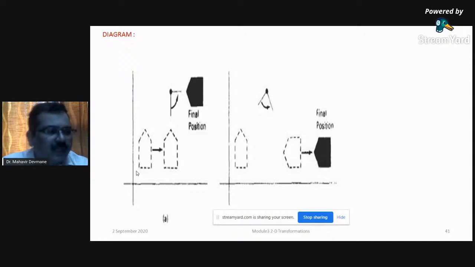The outputs will differ, as shown in this diagram. In A, we have first done the translation on the original object, then the rotation, and I got the object here. Here I have done rotation and then translation. So both results are different.